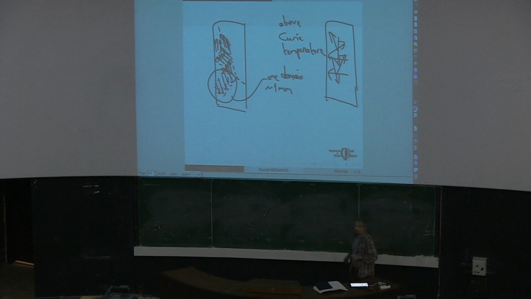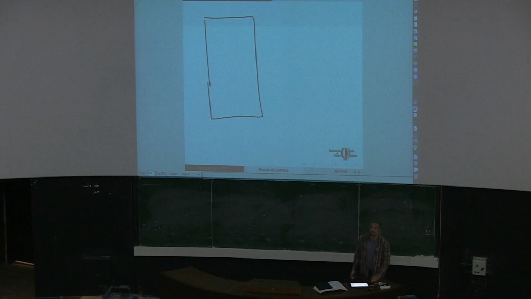Now, as you cool it down, below a certain critical temperature, these neighboring atoms just start to align their magnetic dipole moments. So you are cooling your material. As the material gets below this critical temperature, let's say the magnetic dipole moment at this point and its neighbor just align.